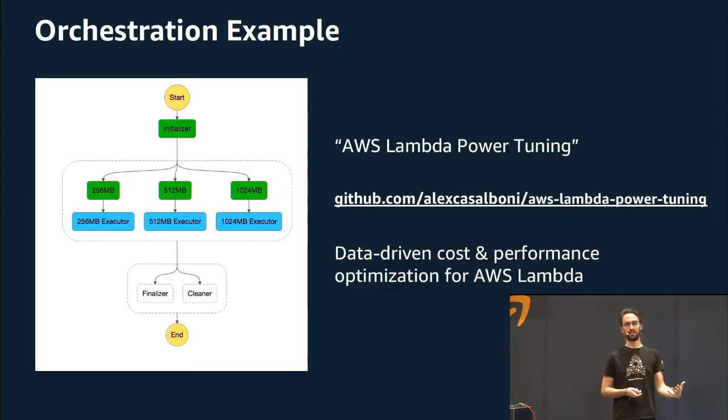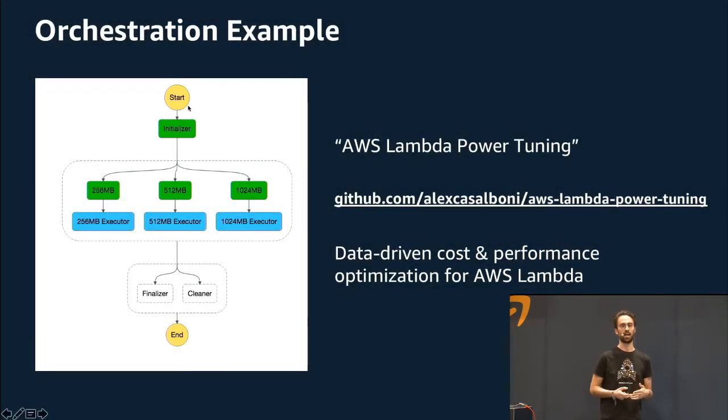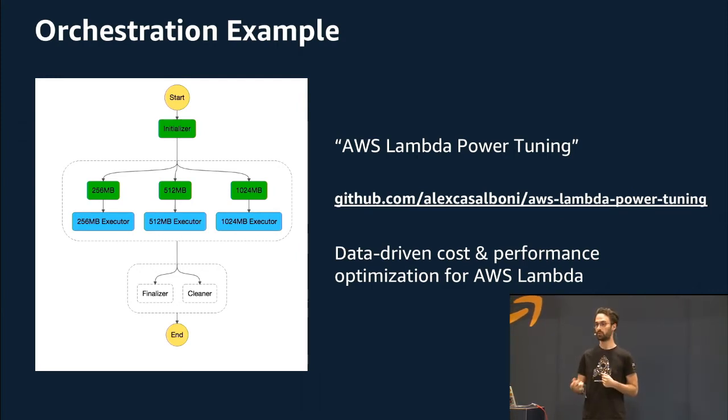I've actually used Step Functions myself to build a tool for Lambda. So it's a bit meta, it's a bit recursive here, but I've built this tool called AWS Lambda Power Tuning. So what this does is it builds a state machine that solves a problem for you, basically. And the problem is, how do you set up the optimal memory or power configuration for your Lambda functions?